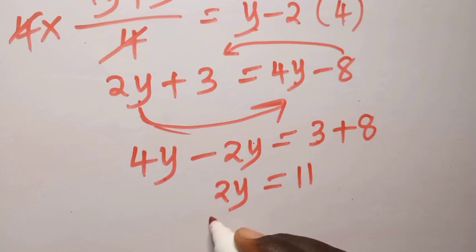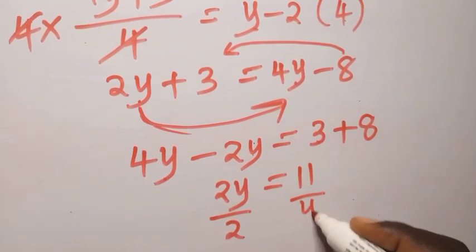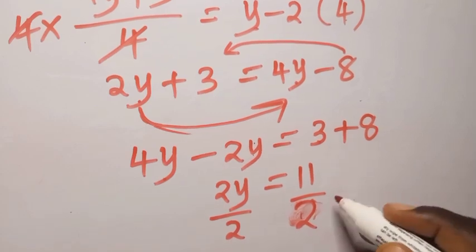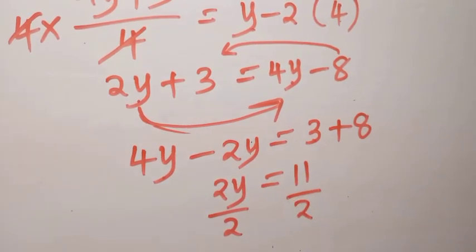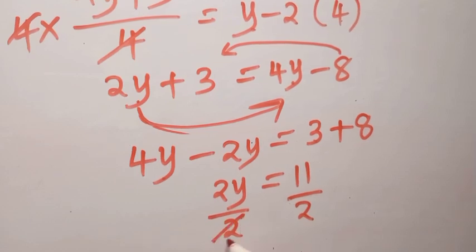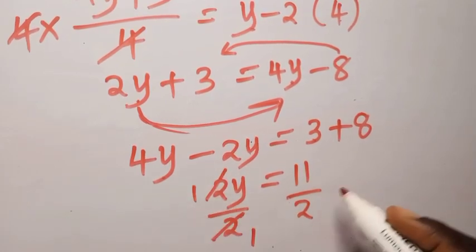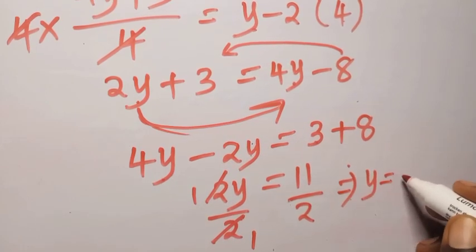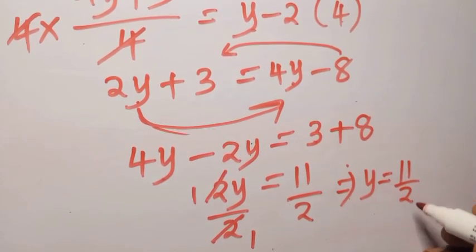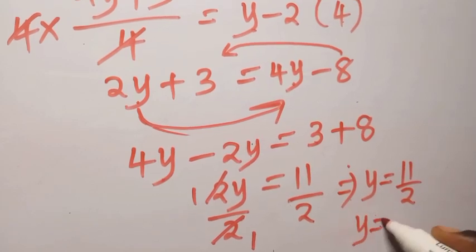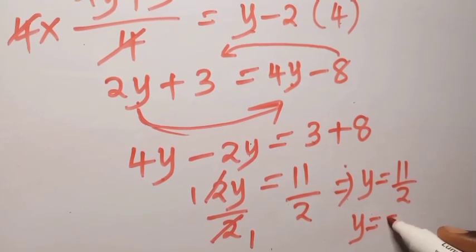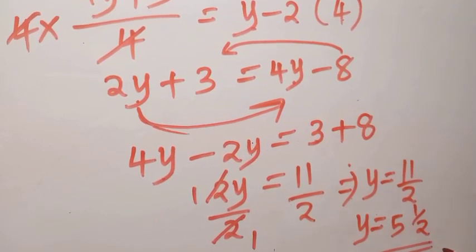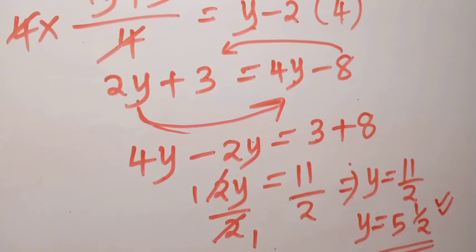And therefore, if I divide by 2 on both sides, we shall have y equals 11 over 2, which is just the same as 5.5. And that is the value of y that we shall obtain.